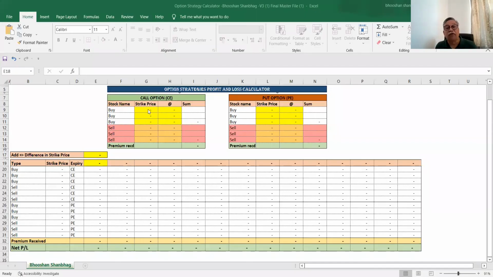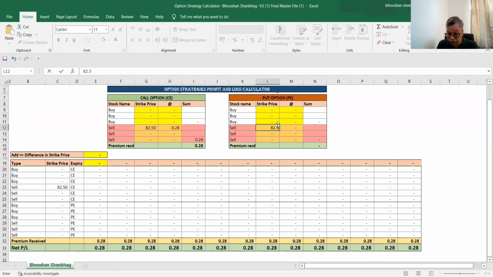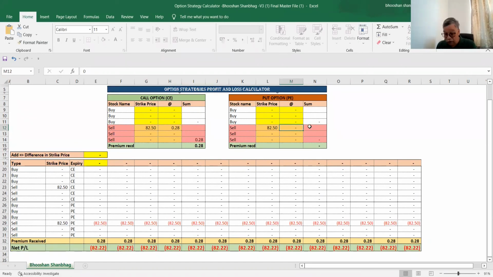Here's the screen. Okay. Now, let us say, for example, I'm selling the 82.50 call for say 0.28, and I'm selling the 82.50 put for 0.29.